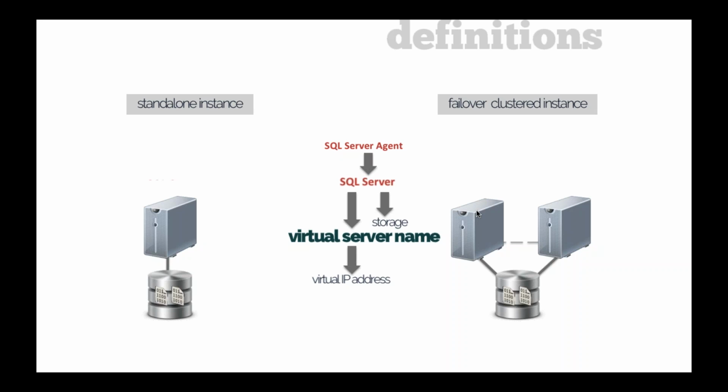If my virtual IP address could not come online, let's say there's a duplicate IP address on the network, my virtual server name will not come online. Of course, as a side effect of that, my SQL Server instance, my clustered SQL Server resource, would not come online. And again, as a side effect of that, the SQL Server Agent service will not come online.